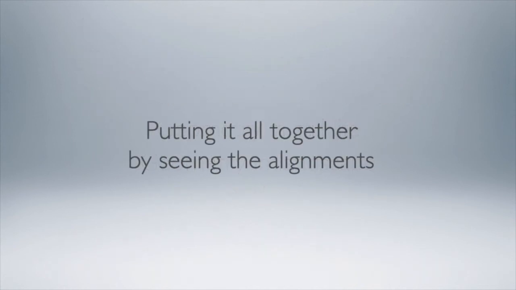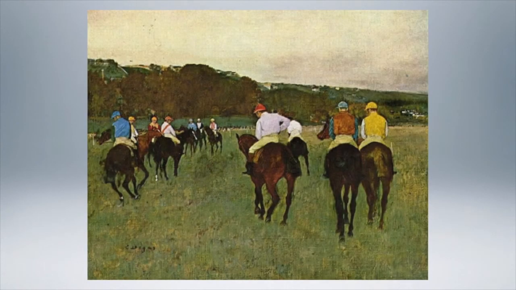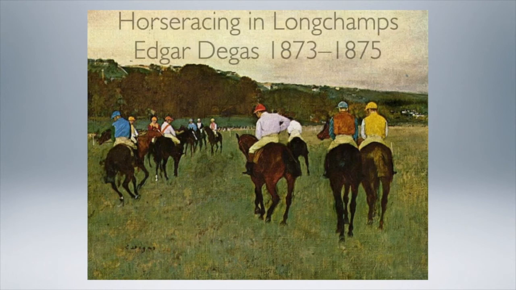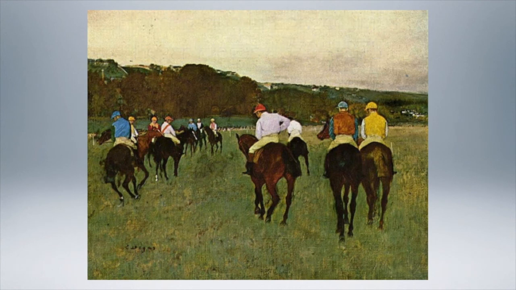Let's look at some alignments. Let's look at some fascinating alignments. In particular, again, Degas. Now Degas didn't just do nudes or dancers. He actually did horses as well. This is horse racing at Longchamp. Now it's a landscape with horses, but it's far more than a landscape with horses.